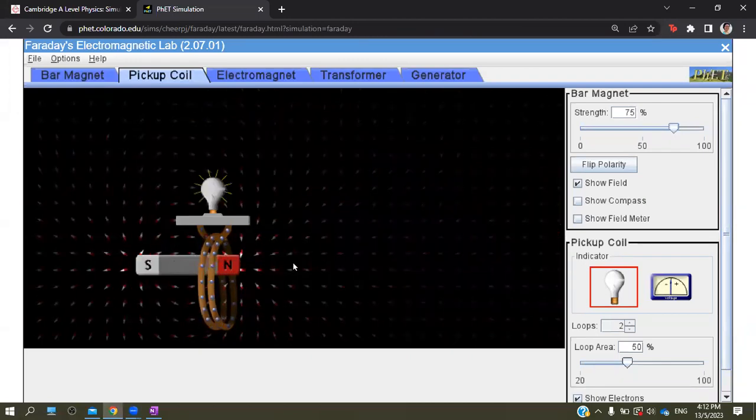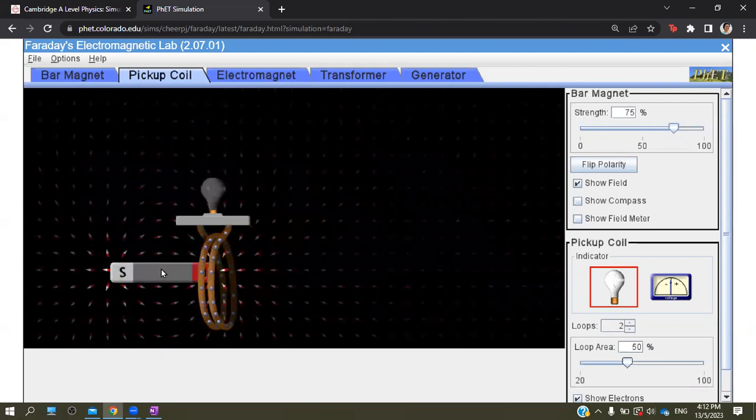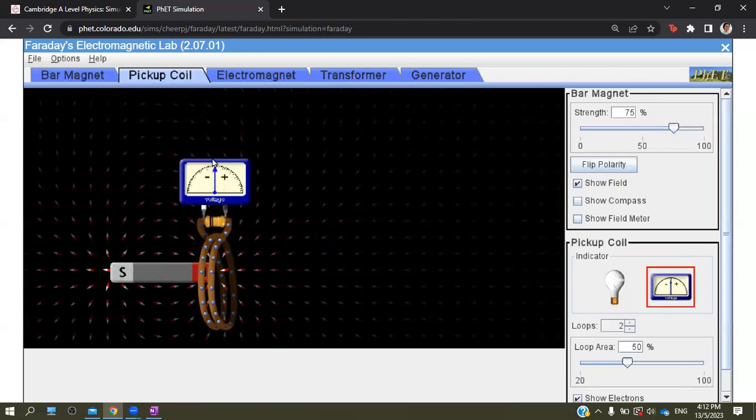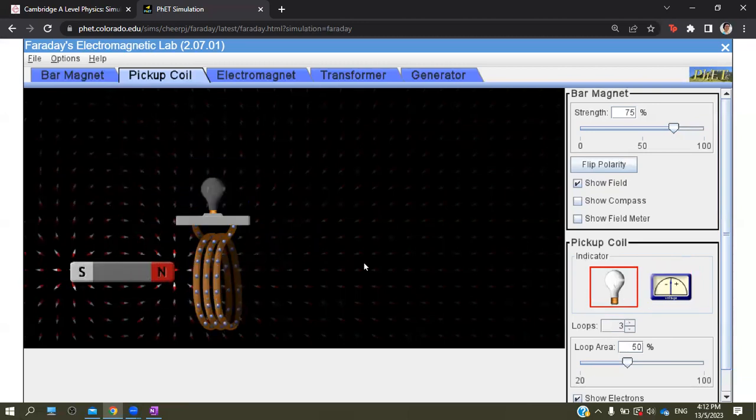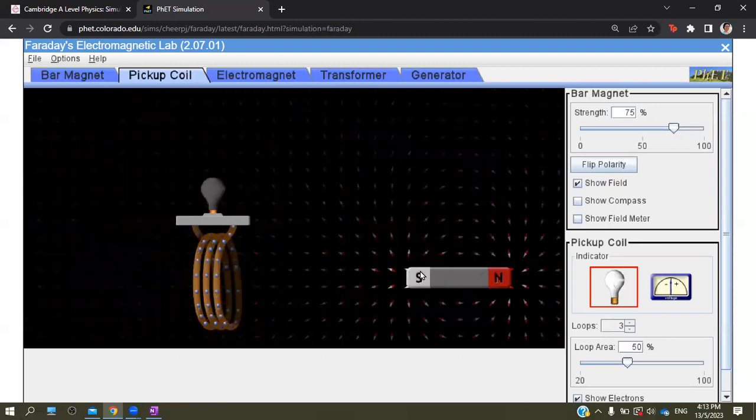When I move it faster, you can see the light bulb is brighter. Another way to increase the induced current is to increase the number of loops. Here we have 3 loops, and you can see that the current is very large when the magnet bar passes through.